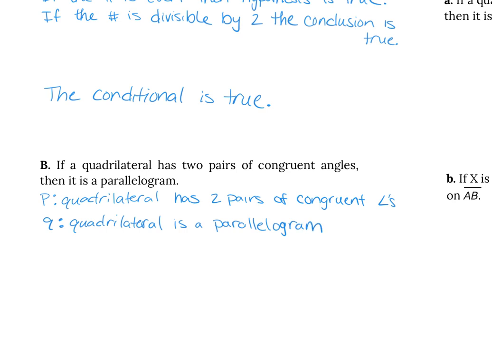Okay, so can I prove either one of those false? Well, if I had a quadrilateral with two pairs of congruent angles, okay, so there I have two congruent pairs of angles, but this is not a parallelogram.